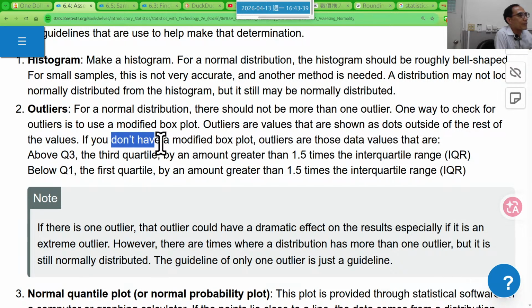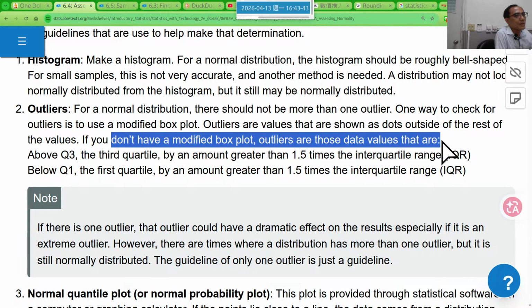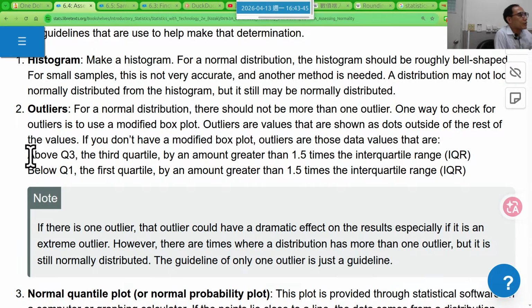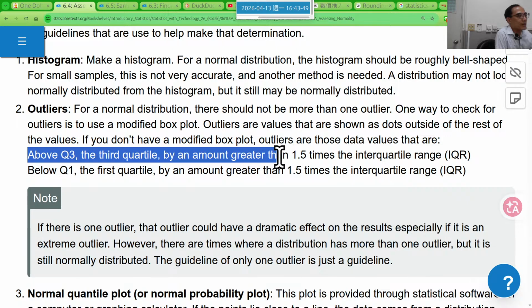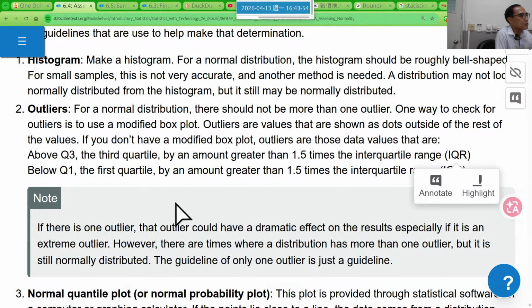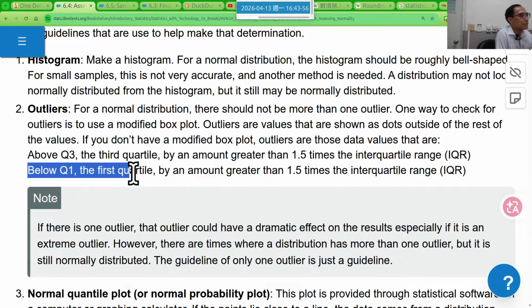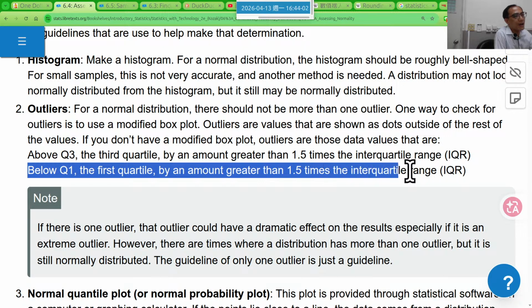If you don't have a modified box plot, outliers are values above Q3, the third quartile, by an amount greater than 1.5 times the IQR, or below Q1, the first quartile, by an amount greater than 1.5 times the IQR.